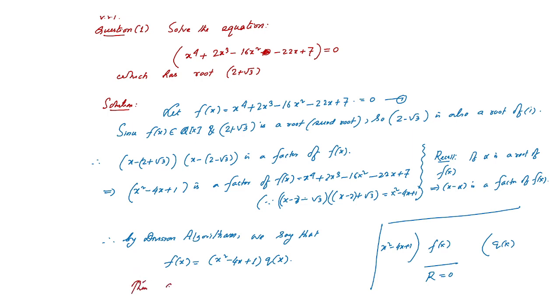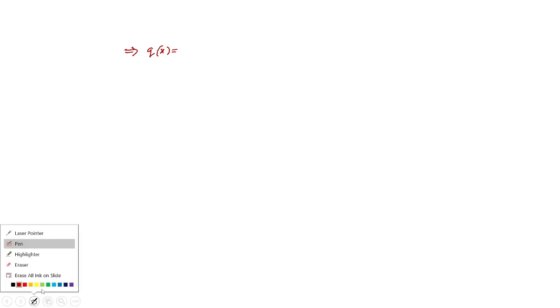Then q(x) equals f(x) by x square minus 4x plus 1. That implies q(x) equals, what is our f(x)?